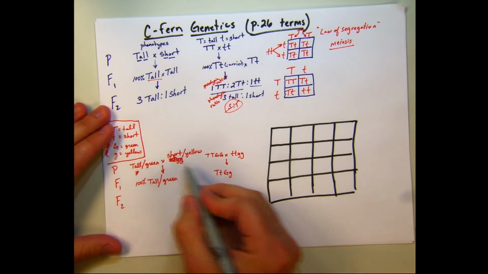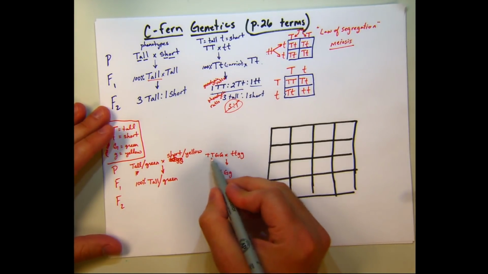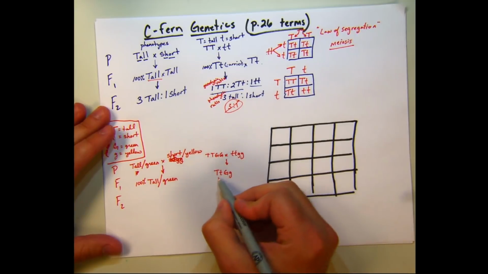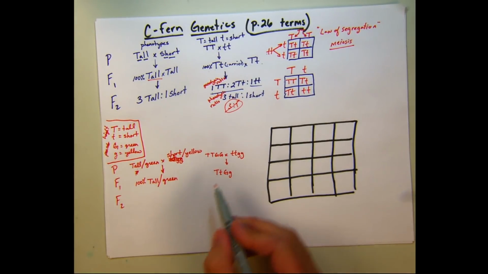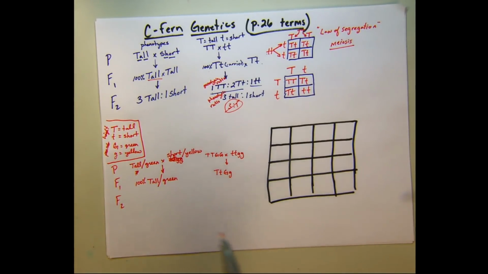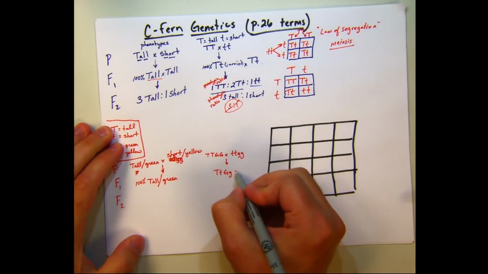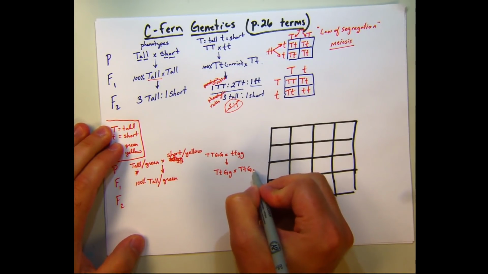So we're talking about the phenotype over here. Here's our genotype: double homozygous dominant, double homozygous recessive, double heterozygous. Now we have two genes, G and T. All right. What he did next was he crossed two from this generation together.